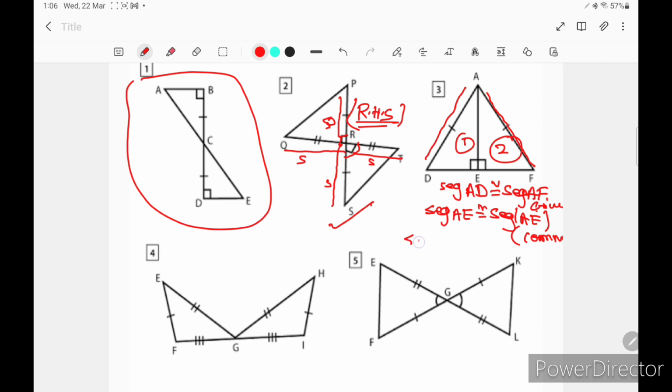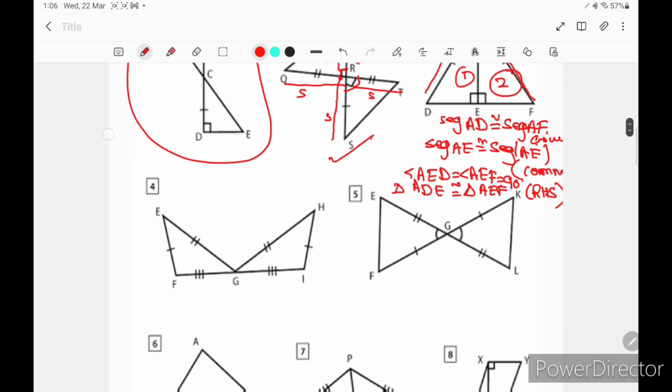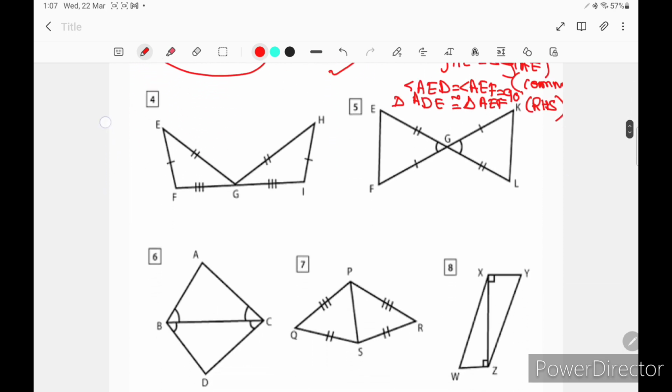Next, angle AED is equal to angle AEF is equal to 90 degrees. So by which criteria are the given triangles congruent? Yes, it is congruent by the RHS rule. So triangle ADE is congruent to triangle AEF by RHS rule.